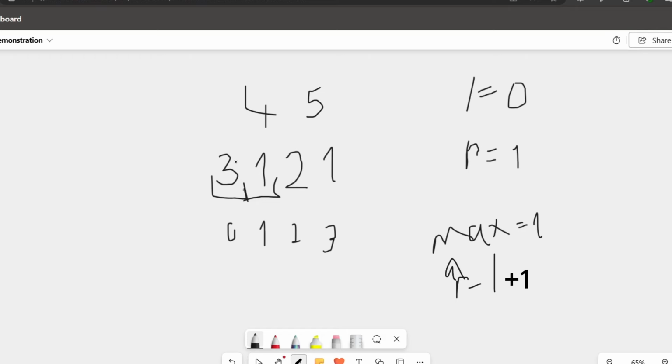We would have 3 plus 1, which is 4, and it's also less than 5. So we are now yet again going to move our right index, and now we're going to move it to be 2. So we already have this covered, so we would go through this index as well.